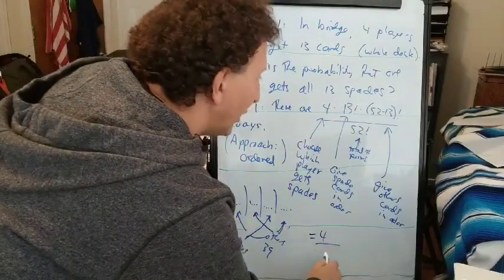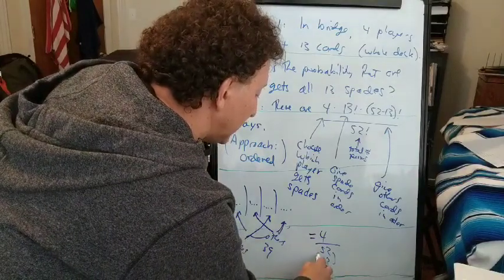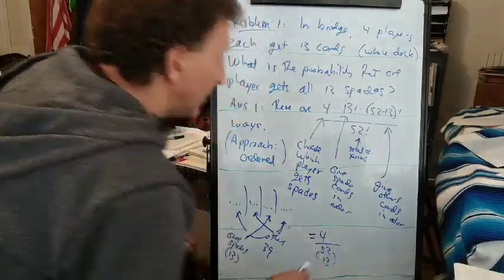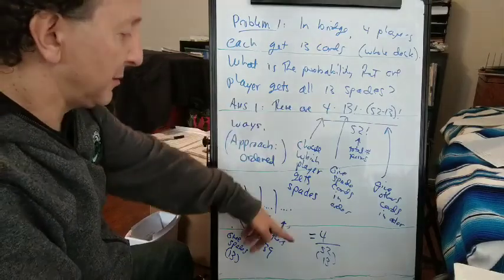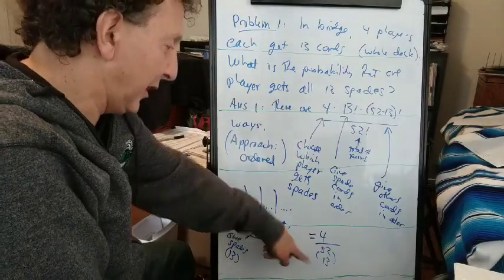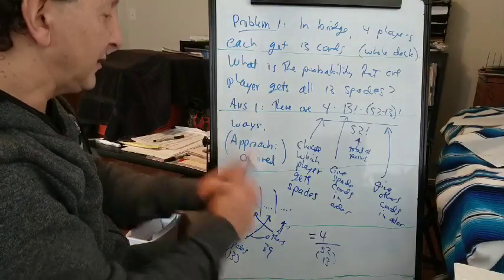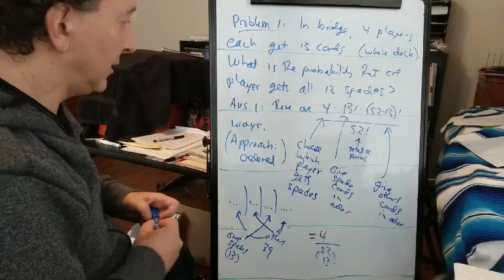So this is 4 over 52 choose 13. It's not a terrible expression, but I think this is pretty nice. It's definitely very compact. All right, so that's the first answer I get.